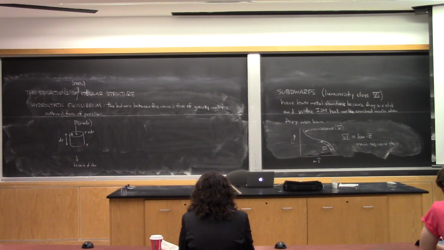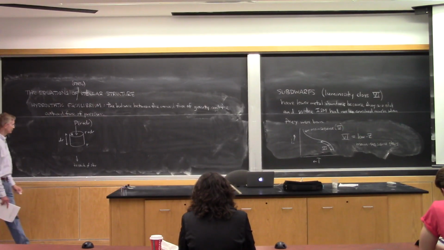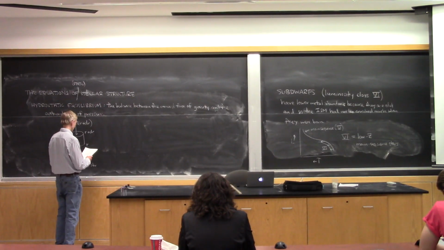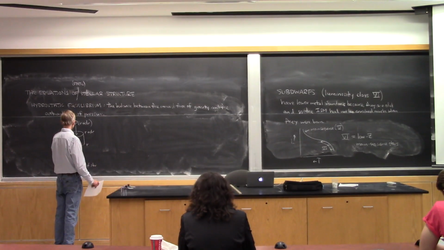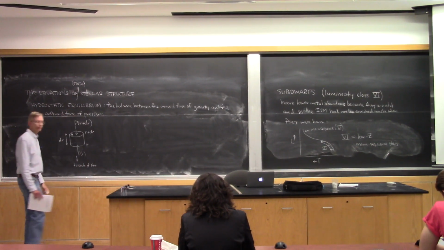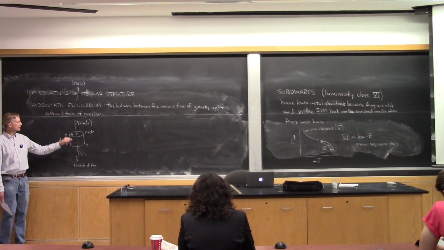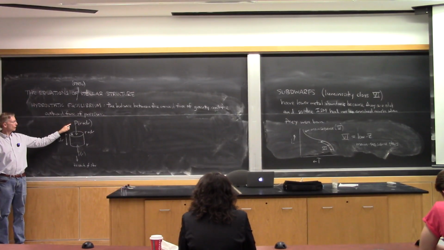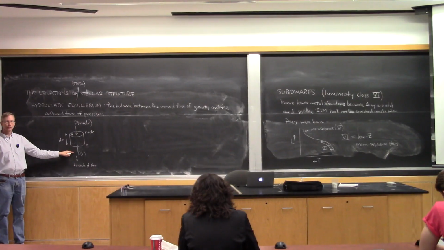So therefore, P of r plus dr times A is the force on the top, which we'll note in a moment. Meanwhile, on the bottom, the external pressure P of r is pushing up. And the whole point here is that P of r plus dr must be less than P of r so that there will be a net upwards pressure force on it.